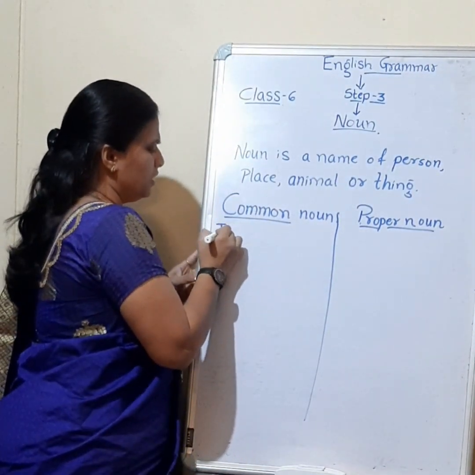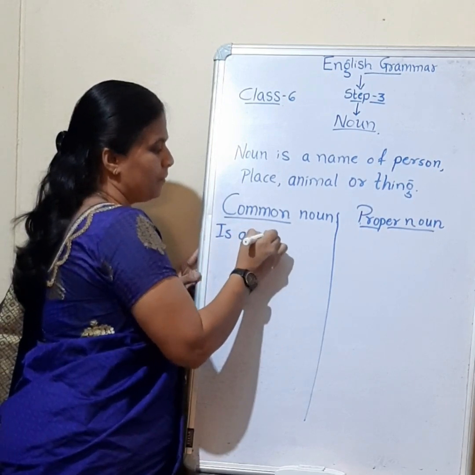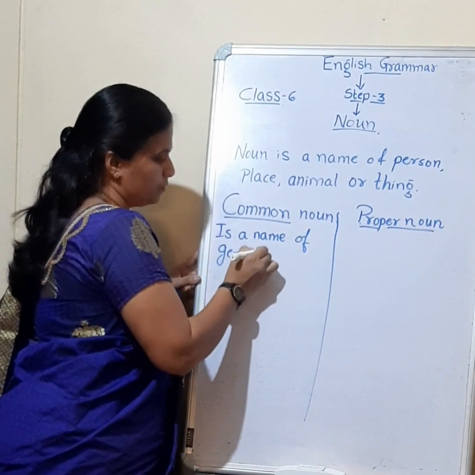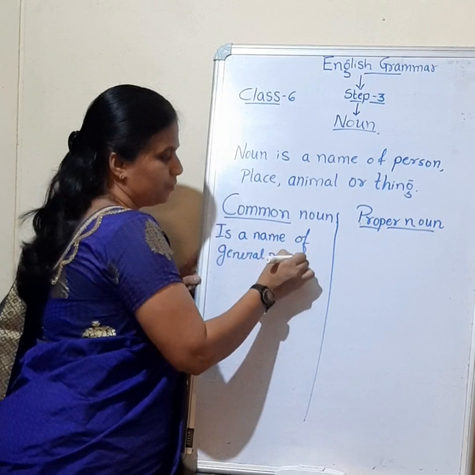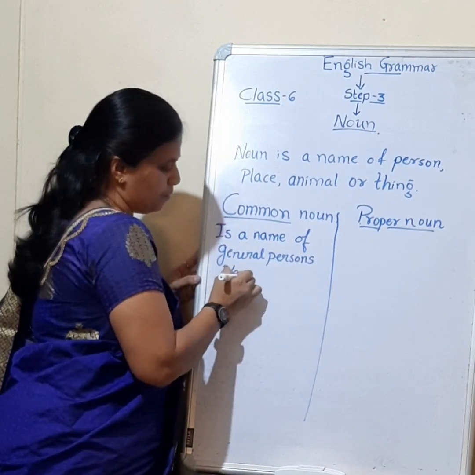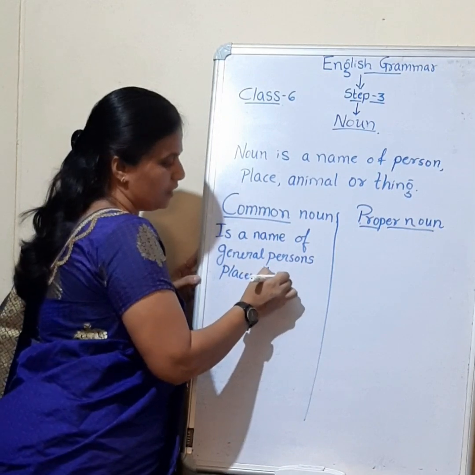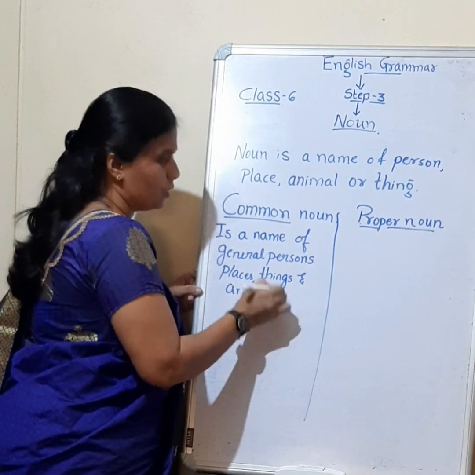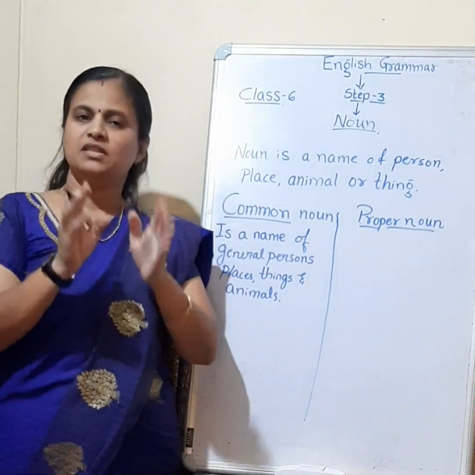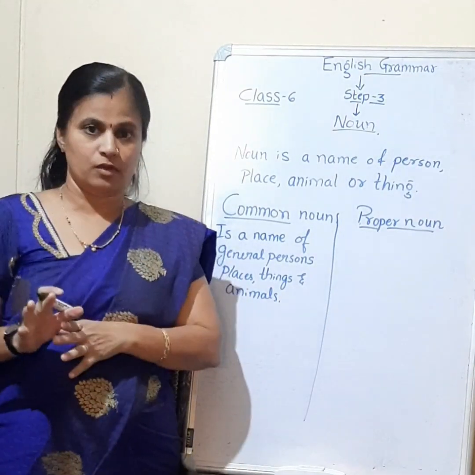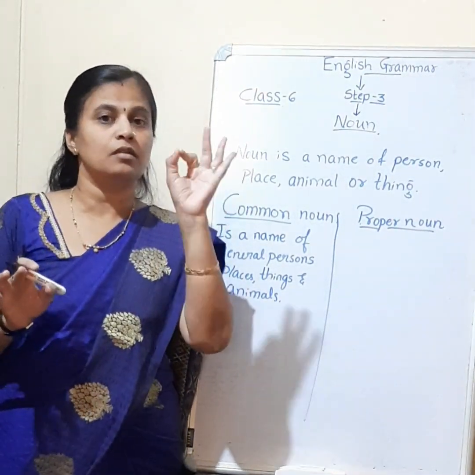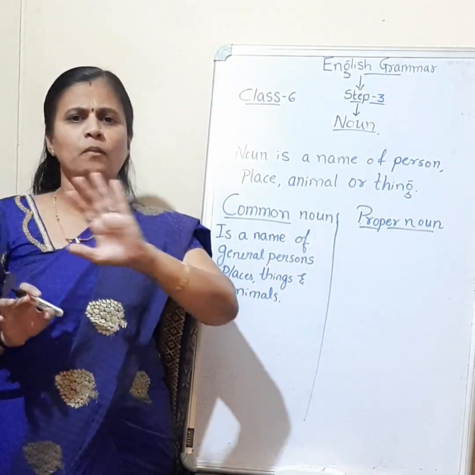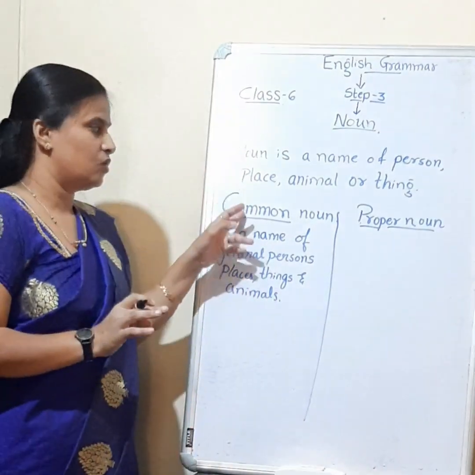A common noun is a name of a general person, places, things and animals. So what is a common noun? The name of a person, place, thing or animal in a general way. We are not focusing here on a particular person, place, thing or animal. So the word that is commonly used is called a common noun.